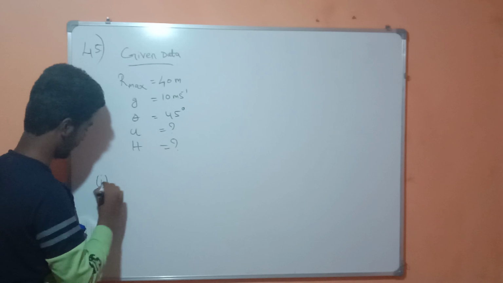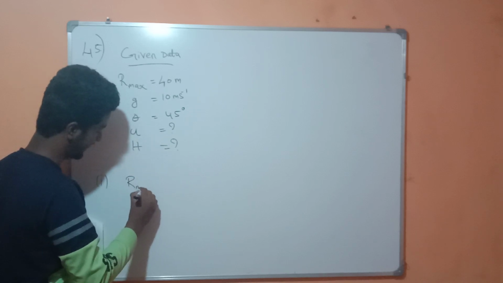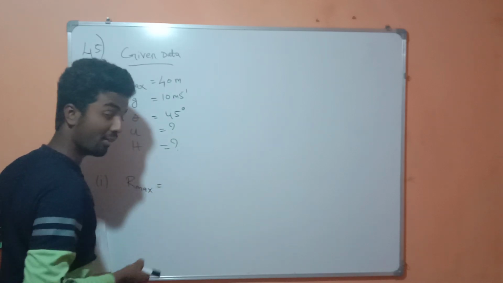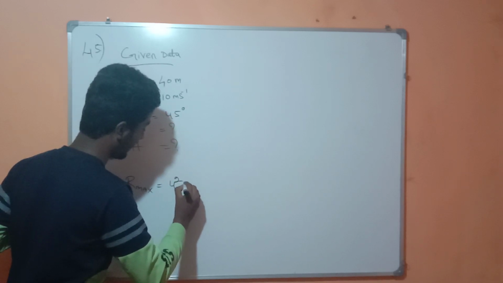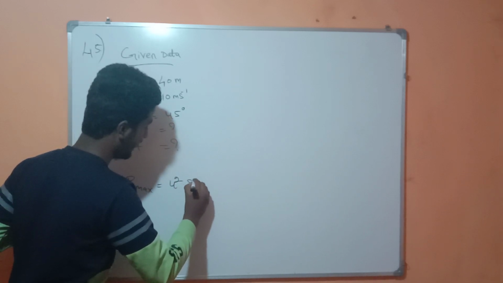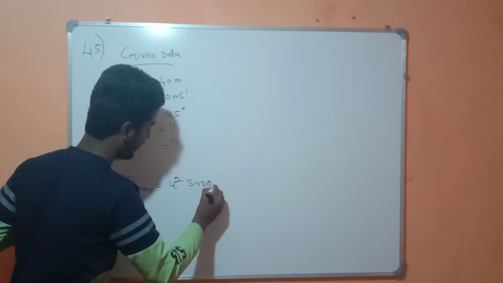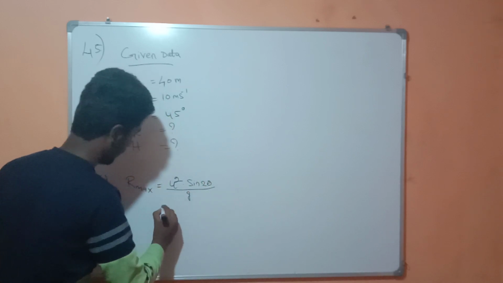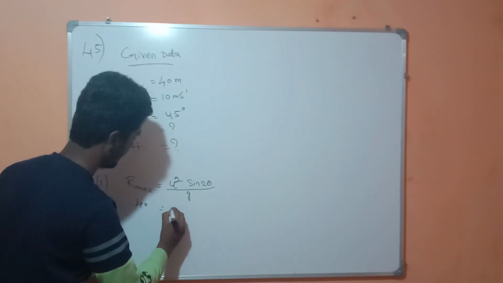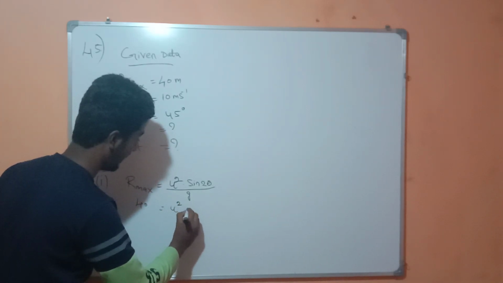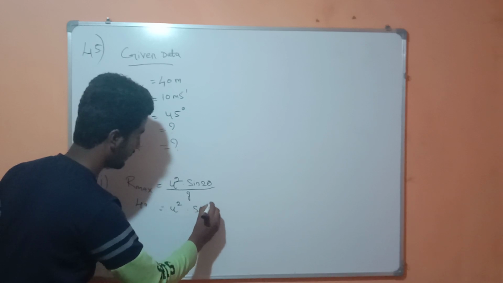Let me see the first question. Range maximum. What is the formula for range maximum? It is equal to initial velocity squared into sin 2 theta divided by G. The range maximum is 40. U squared we don't know, we have to find it, into sin 2 theta.